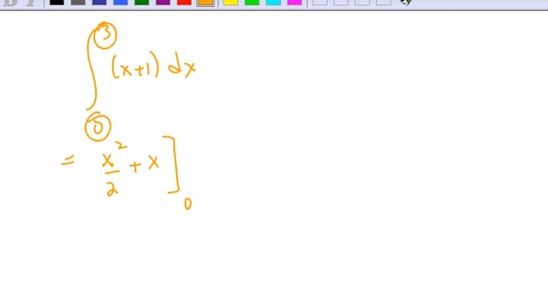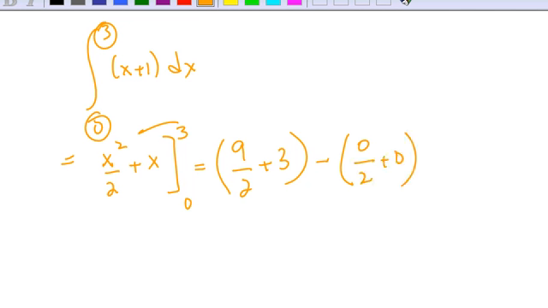I'm going to evaluate it at 3 and at 0 and subtract the two. So evaluated at 3 first, which is 9 over 2 plus 3, minus evaluated at 0, so 0 over 2 plus 0. So my integral again is 15 over 2. So it agrees with my area interpretation of the integral.